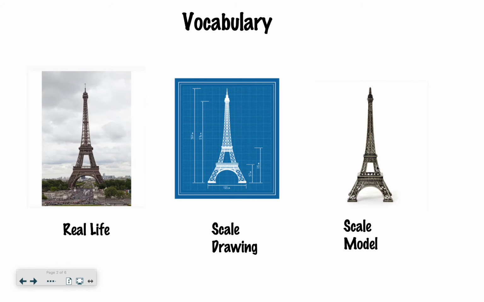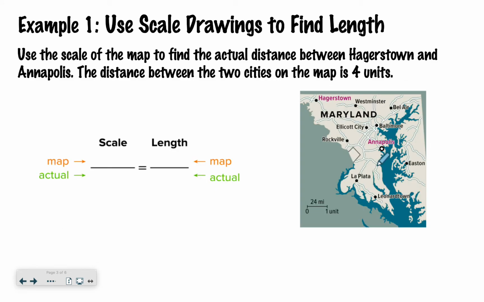Another real world example of a scale drawing, like I mentioned earlier, is blueprints for maybe a house or a new monument or skyscraper. But there are also maps, which are forms of scale drawings, and you'll see that in our first example. We're going to use this map to find length.